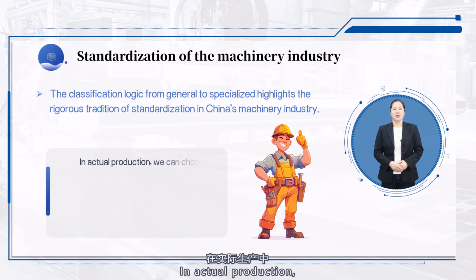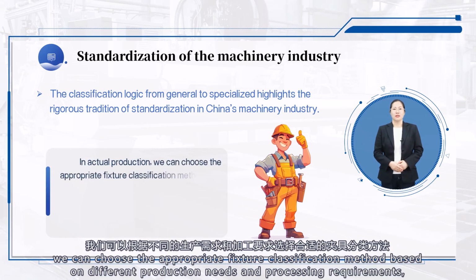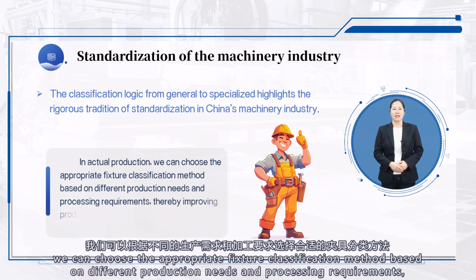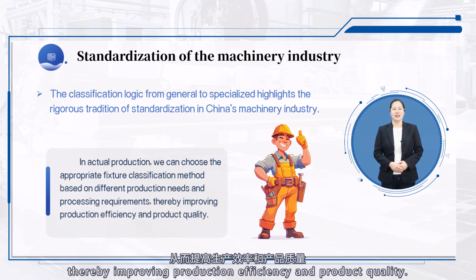In actual production, we can choose the appropriate fixture classification method based on different production needs and processing requirements, thereby improving production efficiency and product quality.